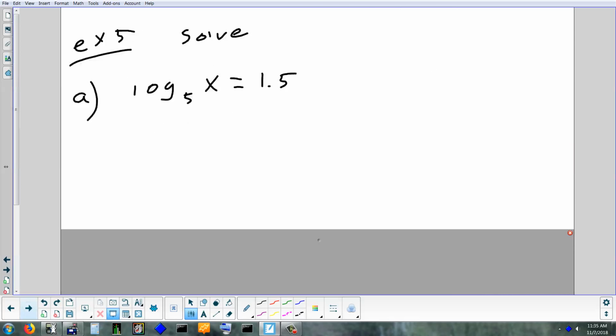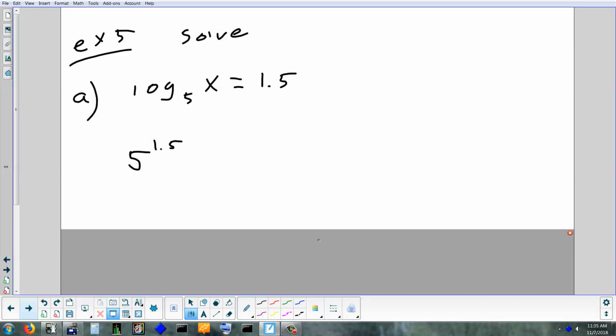Let's try this one. Joe, what form is that equation in? Log. Yep, that's log. The only thing we know how to do is try changing it to exponential and see what happens. Could you change that to exponential for me? 5 to the 1.5.